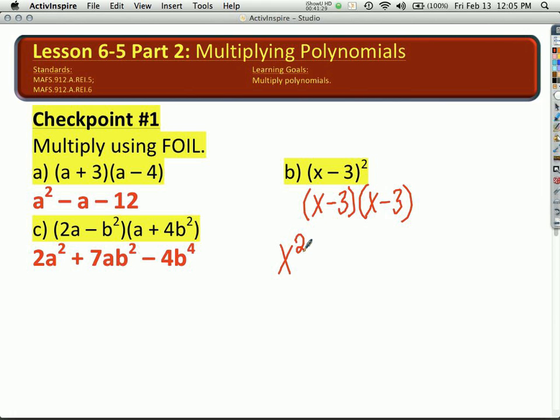Outer, x times negative 3. Inner, negative 3 times x. The last, negative 3 times negative 3. And we have a negative 3x and a negative 3x, which comes together as negative 6x.